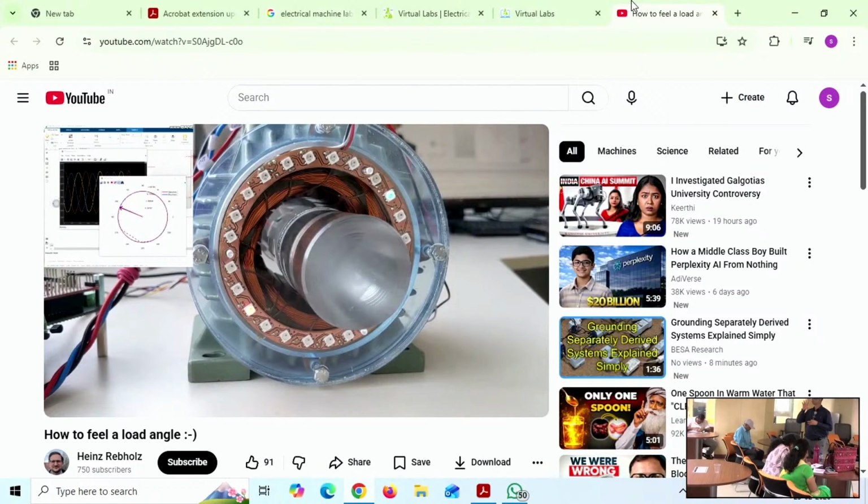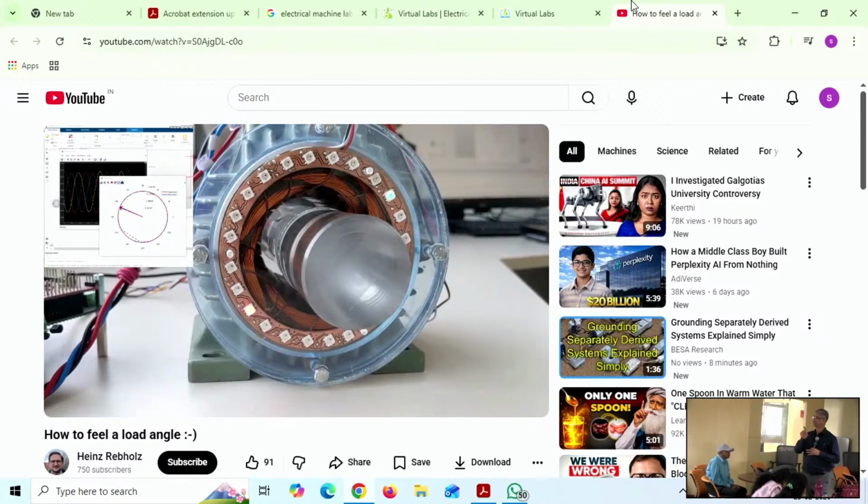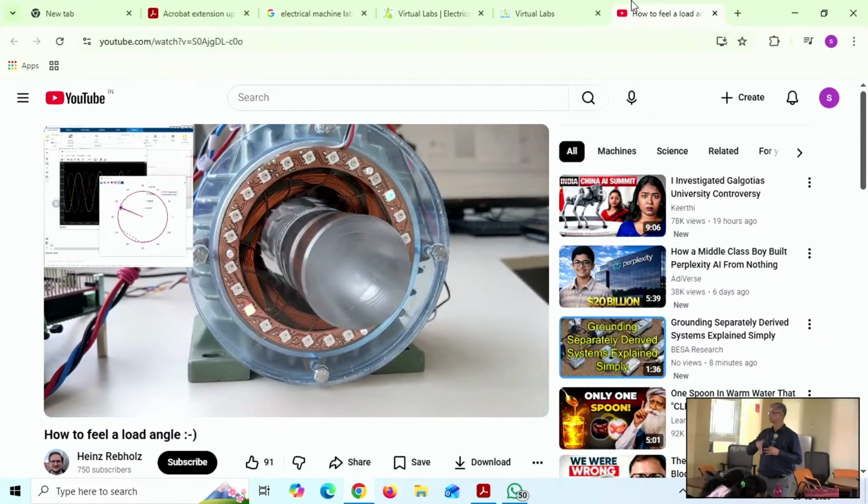So when you take a single machine infinite bus, the reference is delta equal to 0. Then the angle it makes with respect to the infinite bus is nothing but your delta. If you see the sine curve, it is like 0 to 90, so the angle should be in that range. When it goes beyond 90, it is unstable.